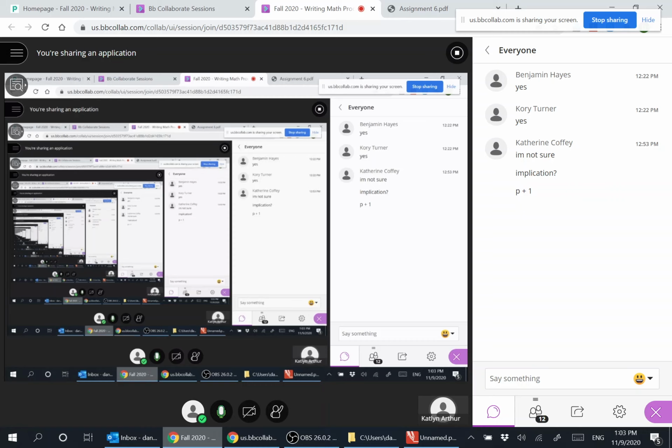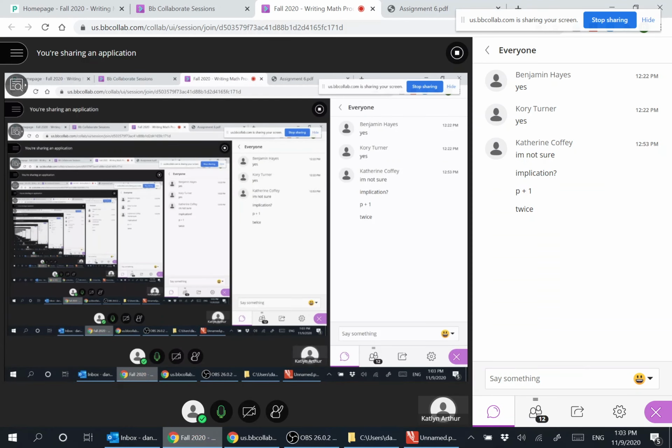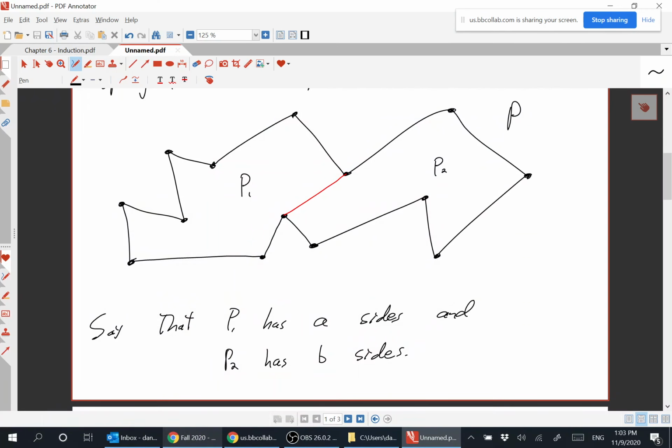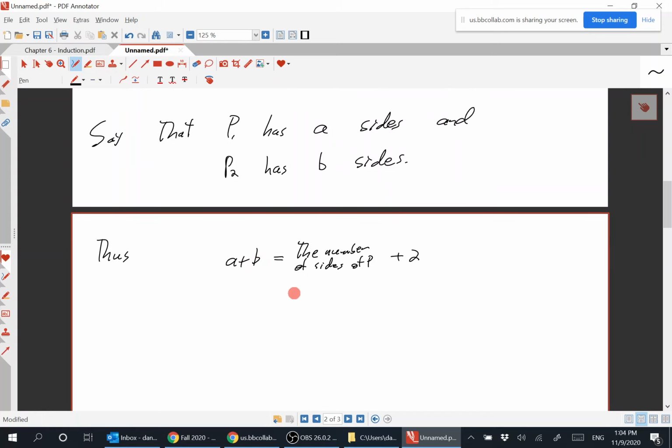Once or twice? Twice. Right, so it's the number of sides of P plus 2.